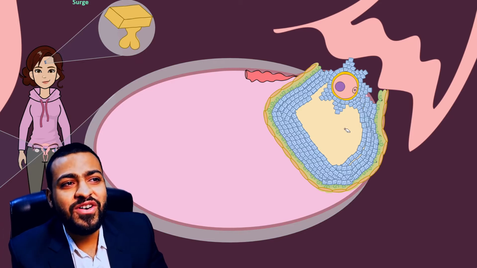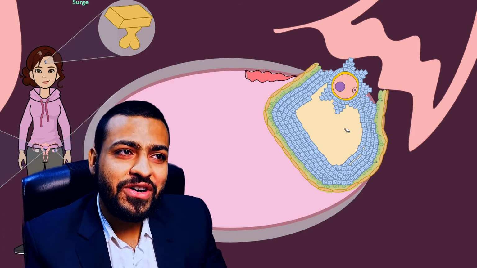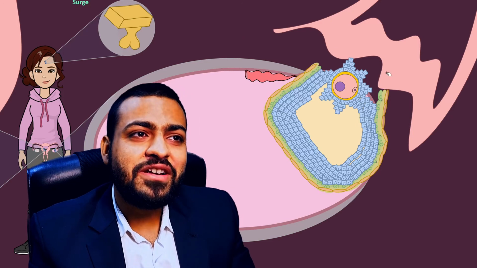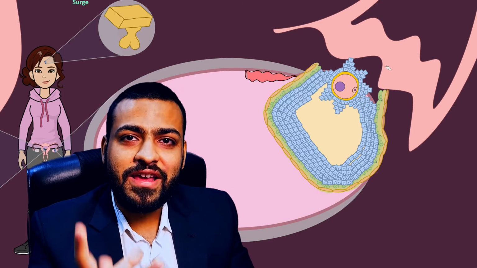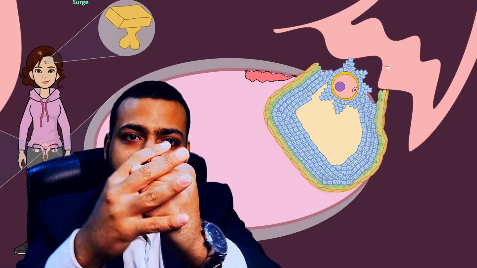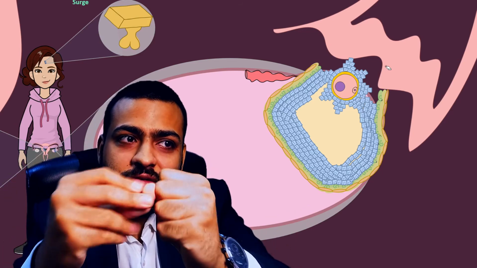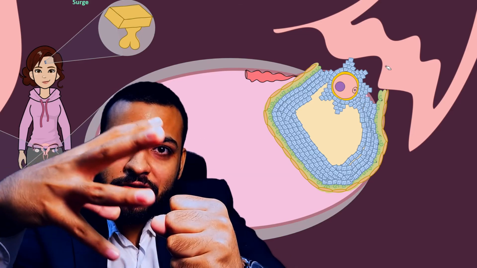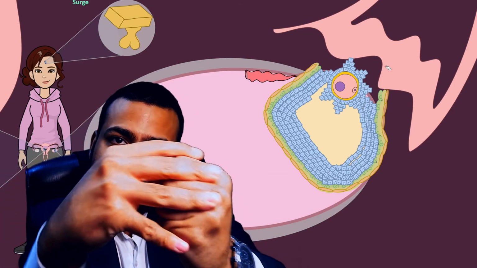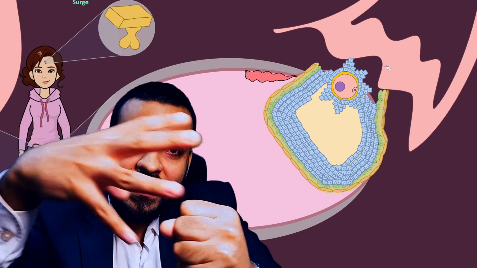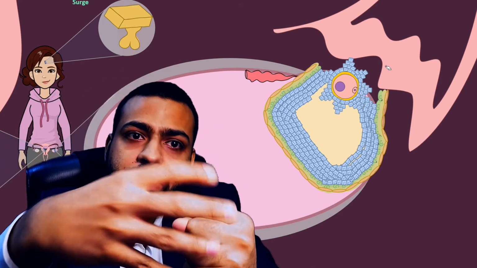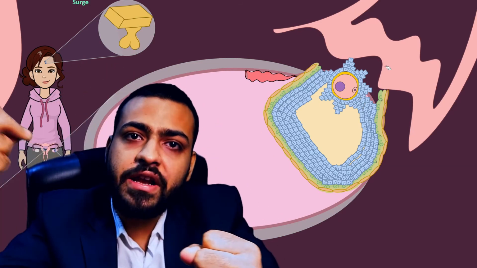Why can it not fall into the peritoneal cavity? Because this fallopian tube or uterine tube has special processes, fimbriae, right? And these fimbriae are looking for this ovum. As soon as the ovum is released into the peritoneal cavity, they will suck up this secondary oocyte inside.